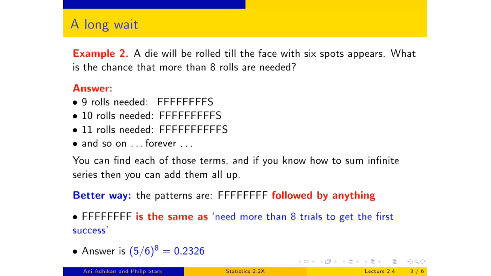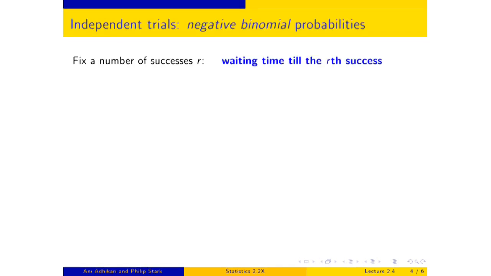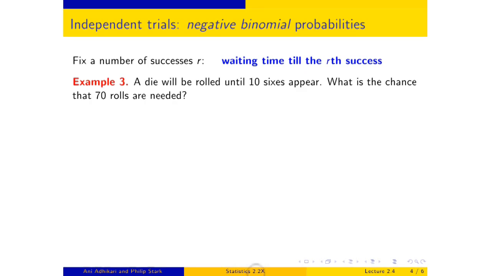So the discussion thus far has been about waiting for the number of independent trials till the first success. Well, I could be greedy and I could want more successes, and I'm just about to be greedy. So we are going to wait until the rth success. This has become a standard notation for the number of successes we're waiting for. R is some number that we have fixed in our heads, and just to make sure that it is a number and not a letter, why don't we write it down?